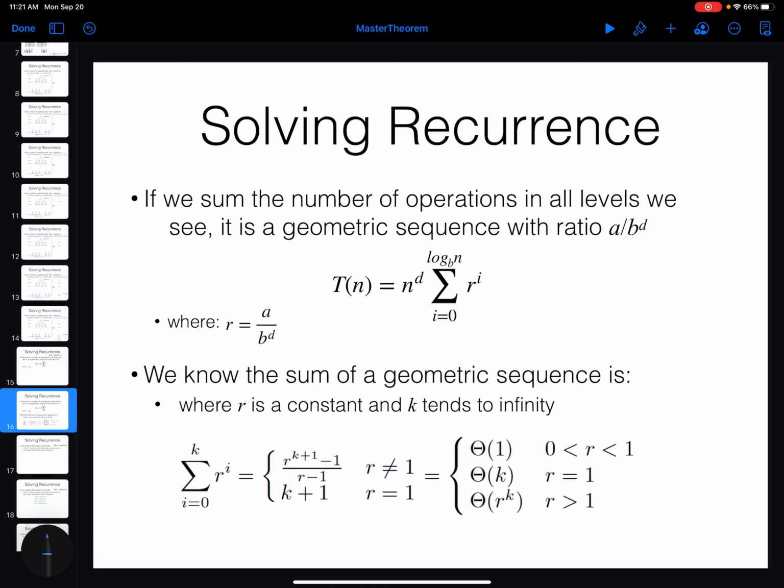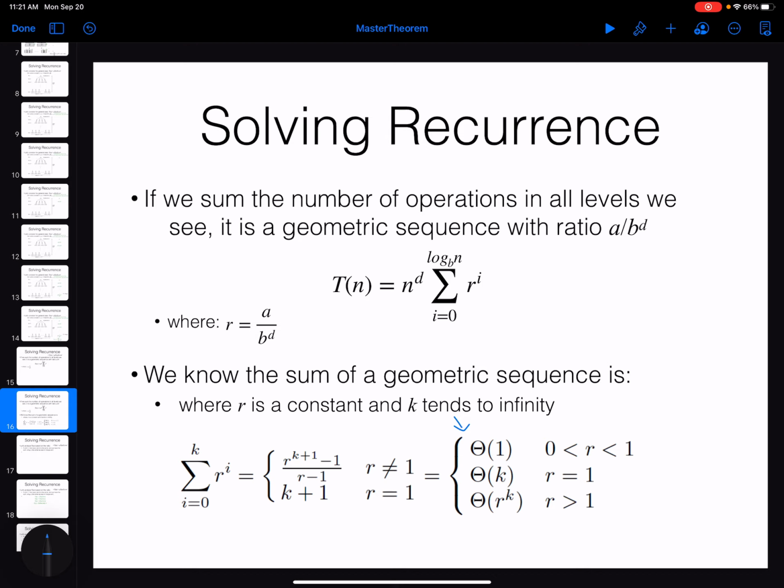I don't want you to know the exact solution, but I wanted to give you a tip here. There is a mathematical theorem. I don't want you to know all the details of it, but just memorize these three different cases, which are going to be the result of that.